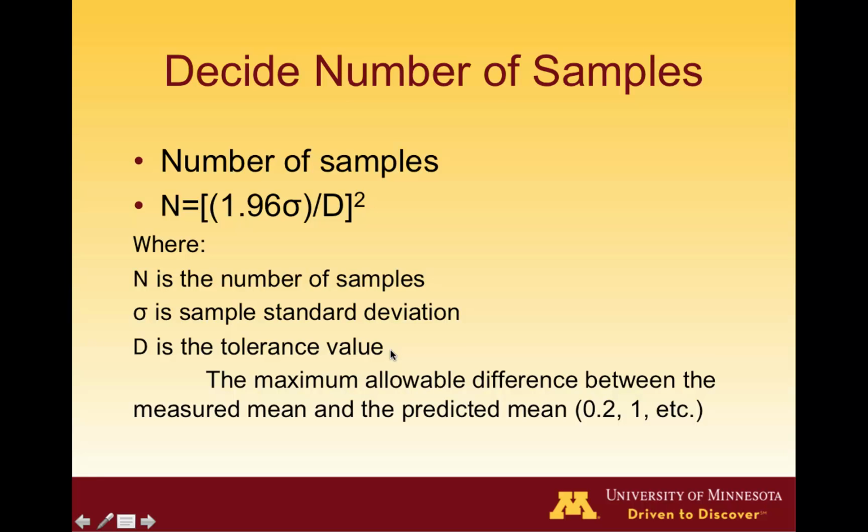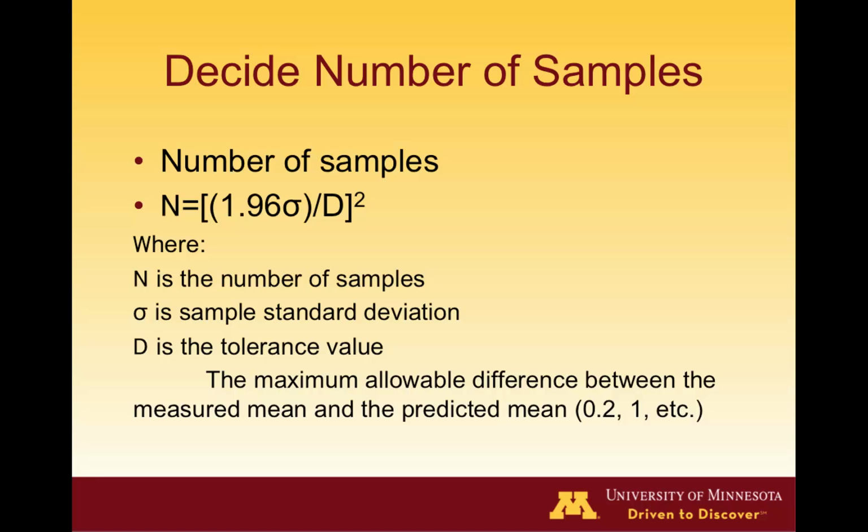So up to now, you can decide the number of samples. There is a rule of thumb equation that you can use if you don't have any other information for deciding the number of samples, which is 1.96 times standard deviation divided by the tolerance value, and square the total, and you get the number of samples.